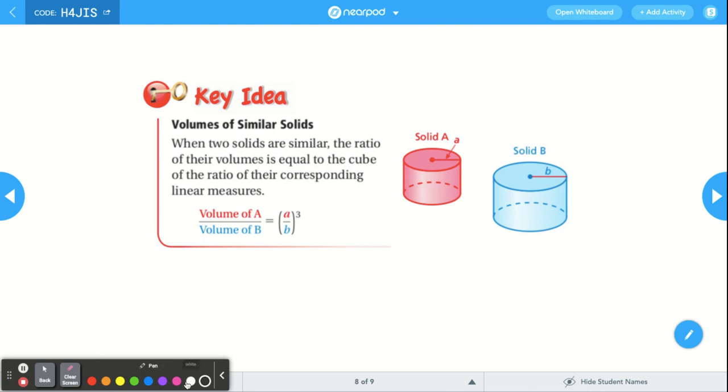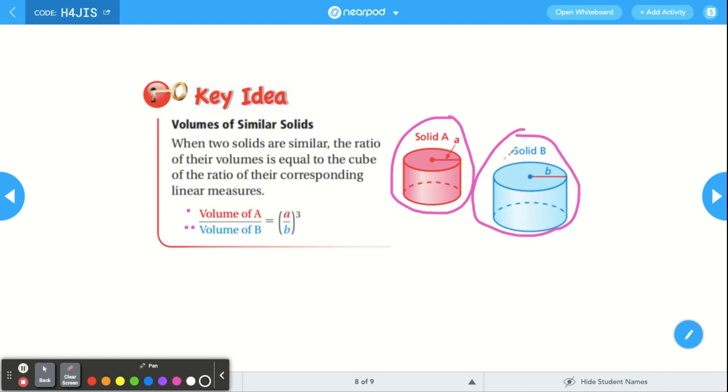So when looking at the example that we have here, the volume of solid A, which corresponds to the volume of solid B, is equal to the cube of the ratio of their corresponding linear measurements.